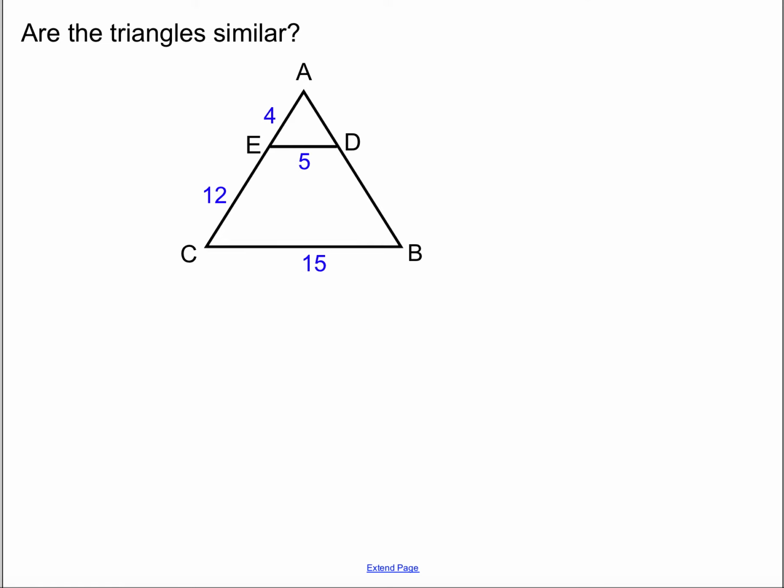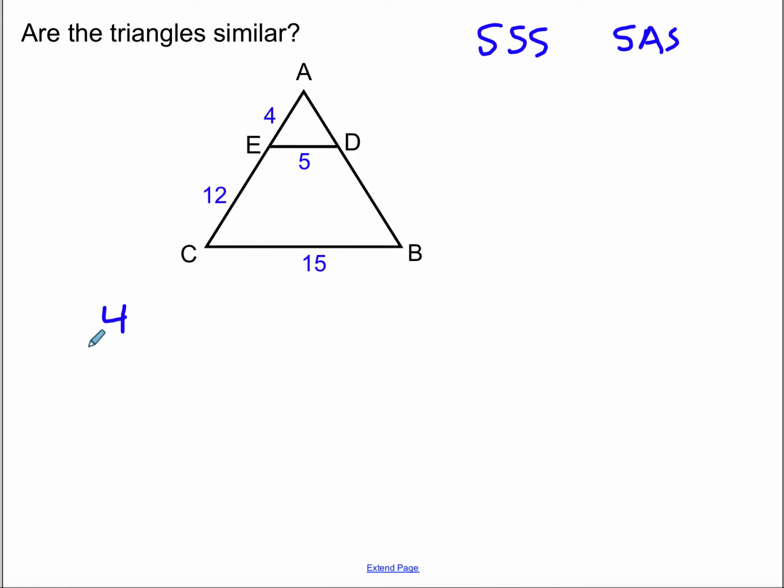So let's look at this one. Are the two triangles similar? We know a lot of the same information. We're either going to be using SSS similarity or SAS similarity, and if either of these is going to be true, we need these sides to be proportional. So let's set up a proportion, just the same as in the last problem.